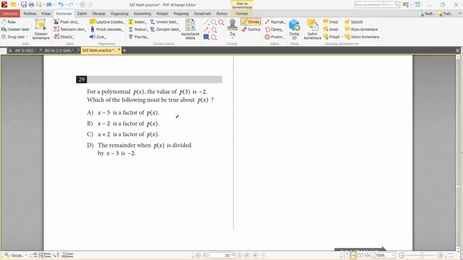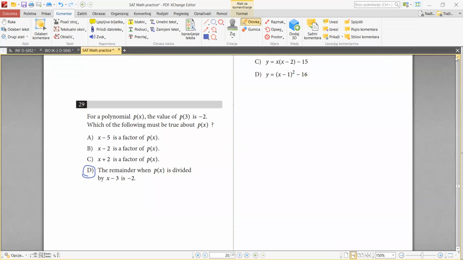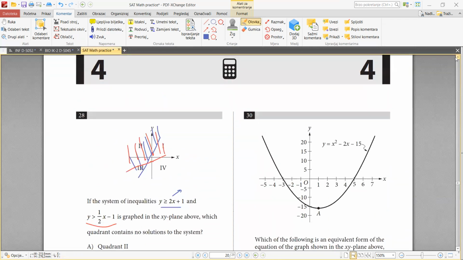The remainder, when p of x is divided by x minus 3, is equal to 3. We'll choose our answer here, D.